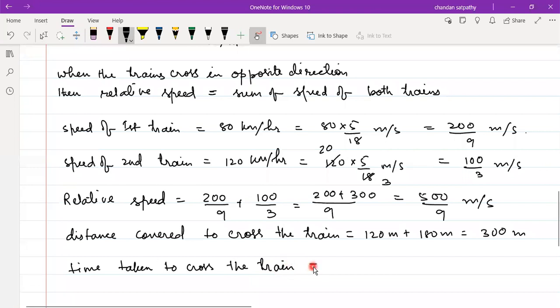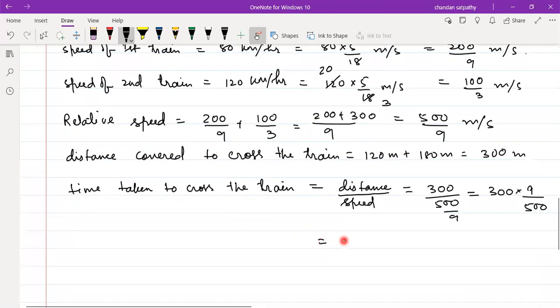The time taken to cross the train will be equal to, formula of time is what? Distance by speed. So distance how much? 300 meter is the distance. And speed how much? Relative speed, we have to take the relative speed. So it is coming 500 by 9. So that is 300 into 9 by 500.